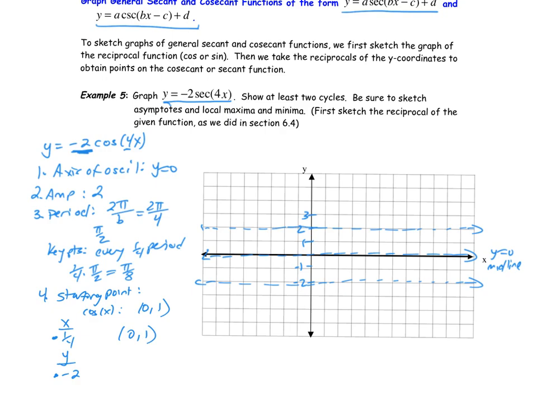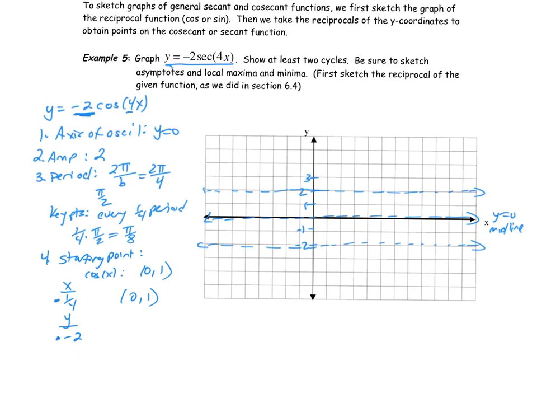We have a reflection over the x-axis and a vertical stretch by a factor of 2, right? If I wanted to list the transformations, I could do that. So the y value was 1. It will become negative 2. So that will be our starting point.